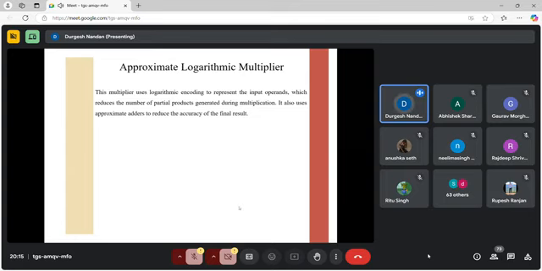In many cases it comes out exact, in many cases approximate. If you want to understand more about the logarithmic multiplier, I have 2 or 3 nice works on that, which you can refer to. They were published roughly in 2017 and 2018. And with the help of the approximate logarithmic multiplier, we can develop the approximate adder also.